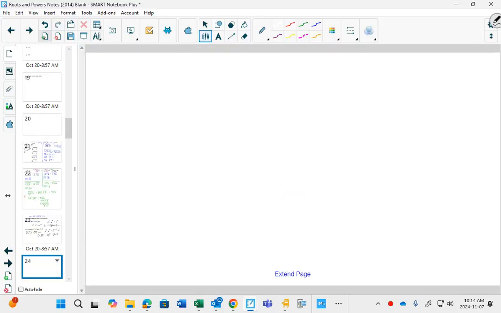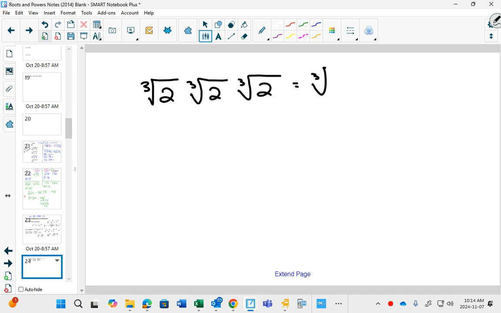Let's see if it works with cube roots. If you did the cube root of 2 times the cube root of 2 times the cube root of 2, you would get the cube root of 2 times 2 times 2, which is 8. And that is just equal to 2, because 8 is a perfect cube.